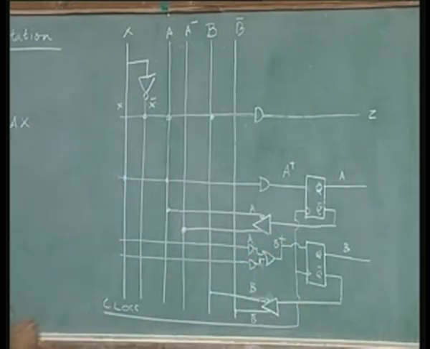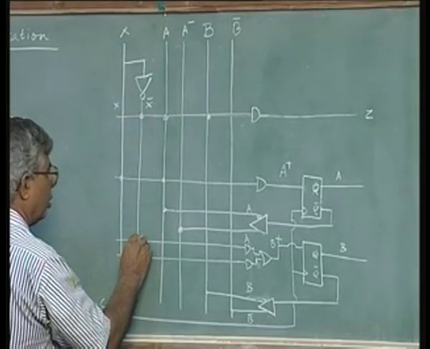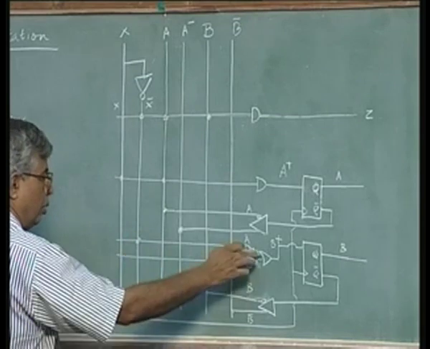What are the two terms required for that? One is simply X bar. So let us have this X bar as one of the inputs of the OR gate.